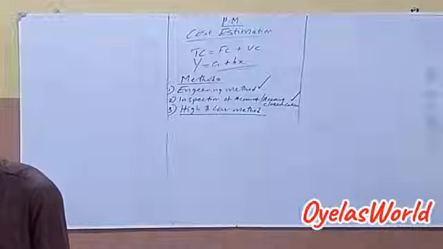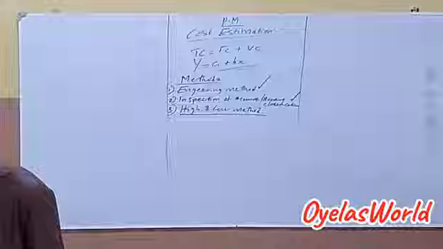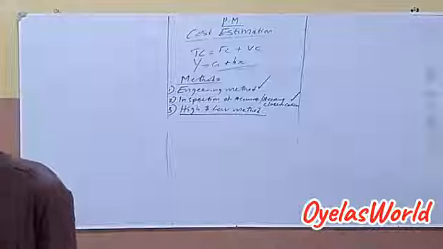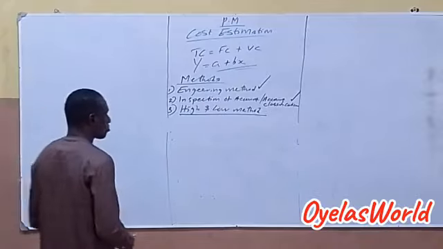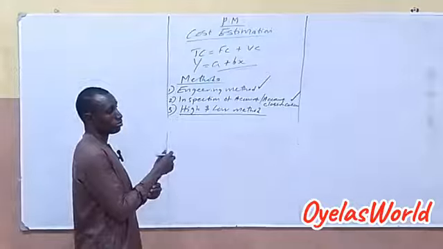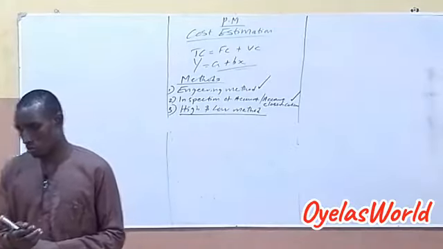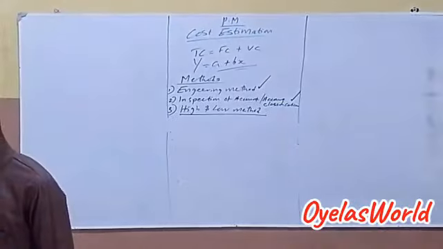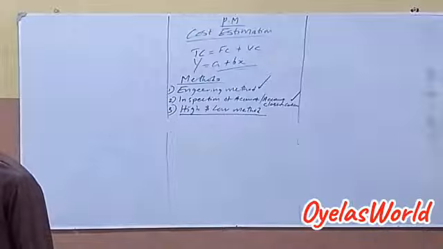DAO Co has recorded the following total cost during the last 5 years. Year, output volume, total cost, units, and naira. Year 2000: 65,000 units, total cost 145,000.